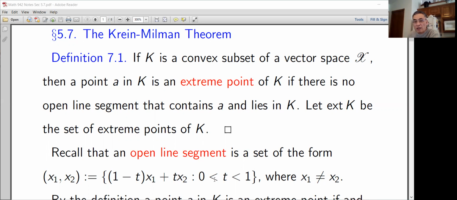But here t is from 0 to 1, with 0 and 1 not included. So the endpoints are not included.